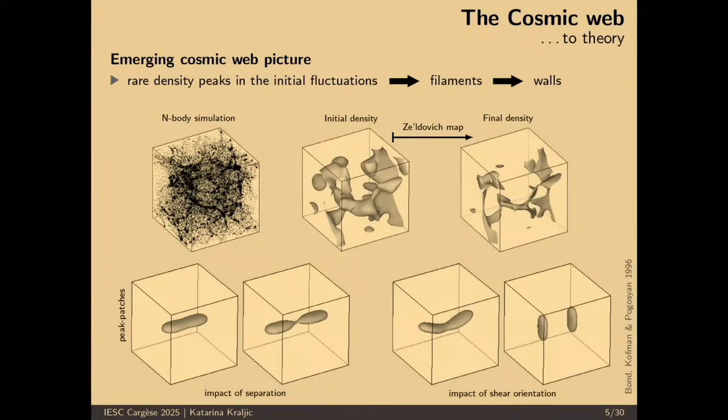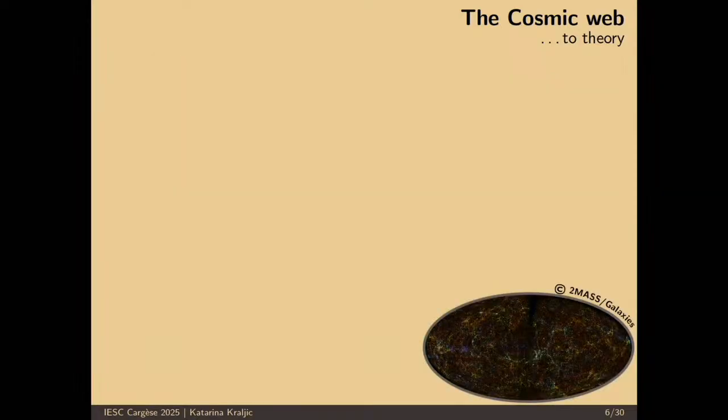And I also showed in this nice work that, in fact, these correlation bridges weaken as the clusters are further and further away, and also as the shear becomes more and more misaligned. Okay, so really a summary of how we understand the cosmic web today. We have this nice, well, you don't see anything, but believe me, there are galaxies in our universe that nicely follow this cosmic web structure.